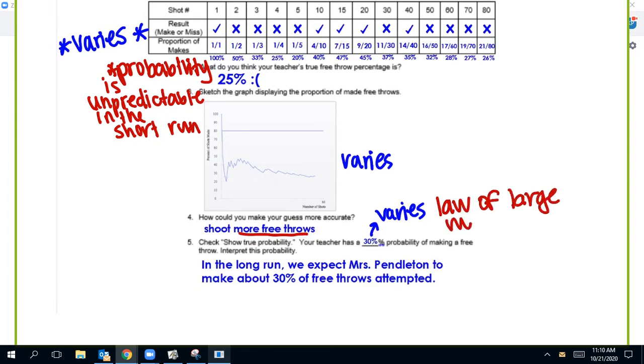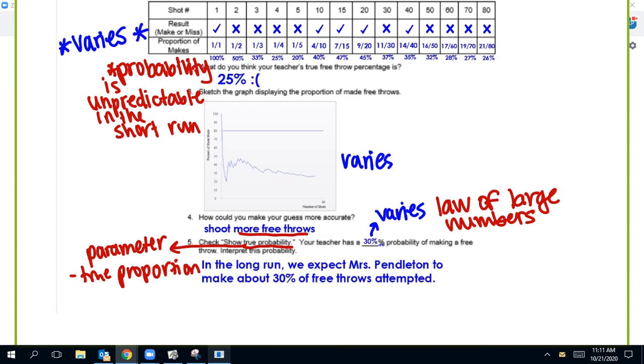It says if I do this over and over and over, then I'll get closer and closer and closer to the true proportion. And when you show true probability, that is what we call the parameter. And in this case, it was the true proportion of free throws made, and it represents the probability.